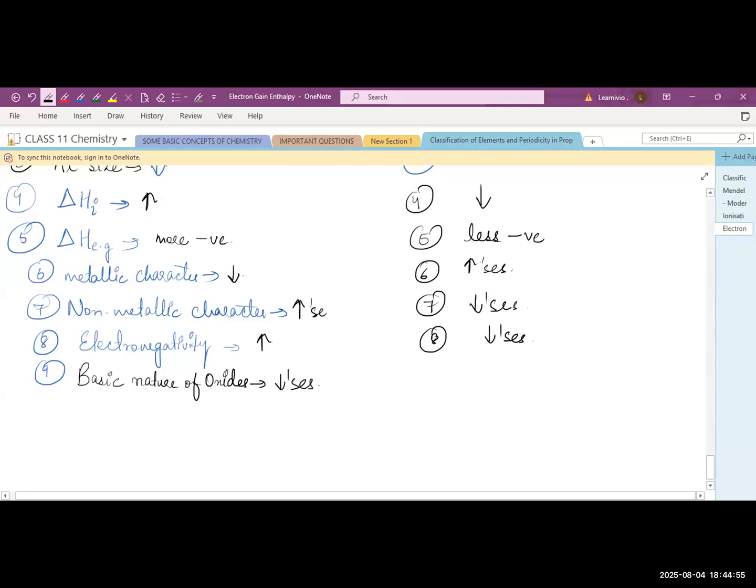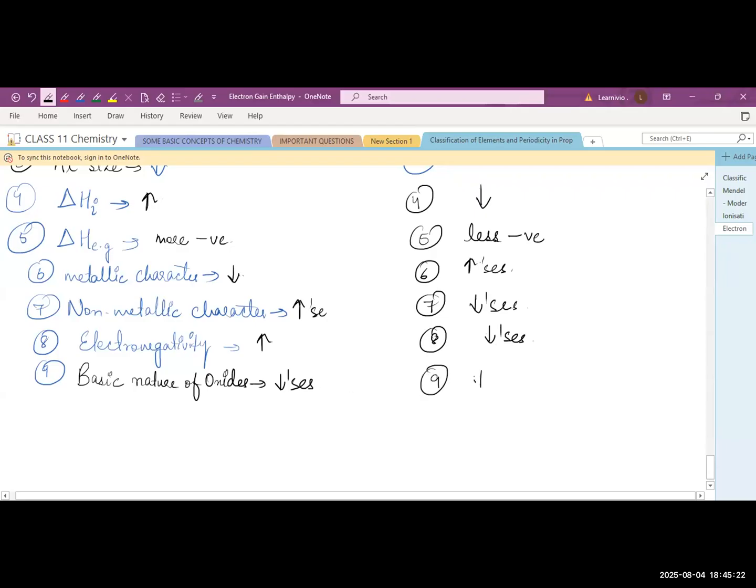It depends on the metallic character, right? Okay, similarly what will happen here?